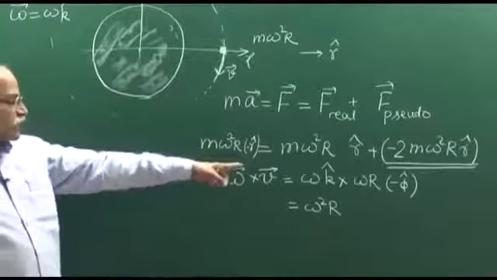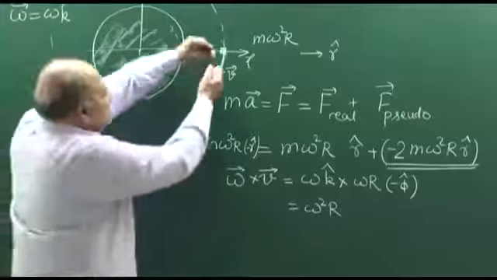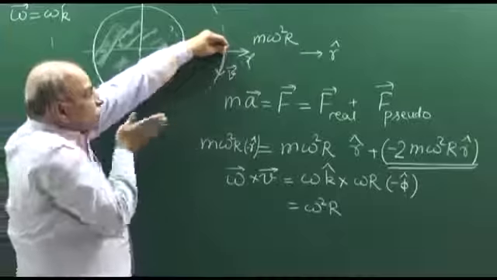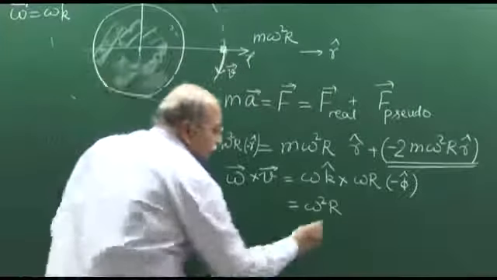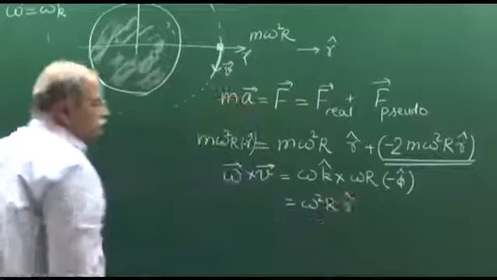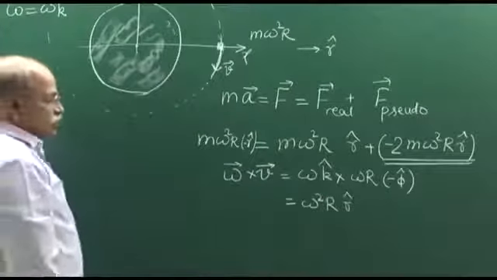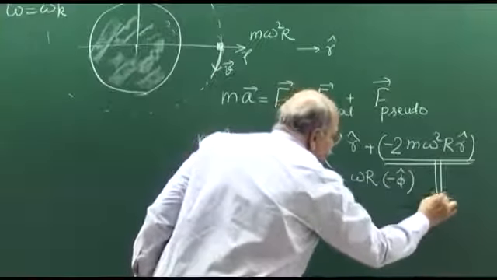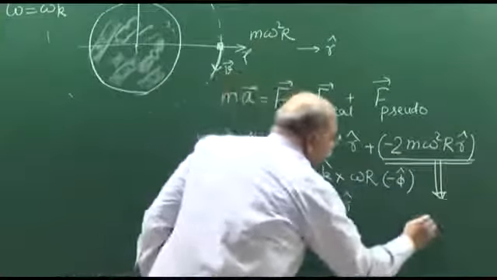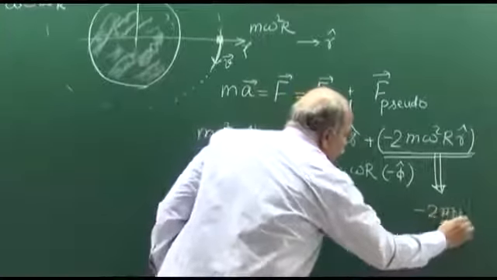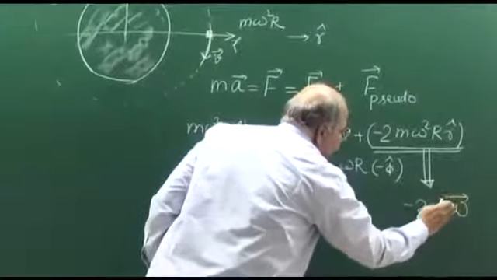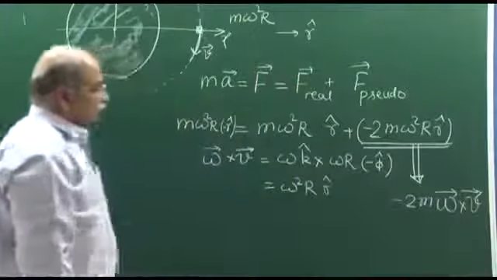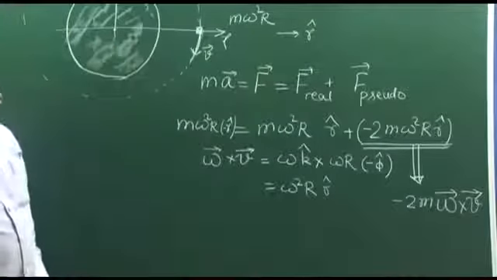And what is the direction of this vector? This omega vector is in this direction, v vector is in this direction, omega cross v will be in r cap direction. So, this term here, this yet another pseudo force, I can write as minus 2 m omega cross v.